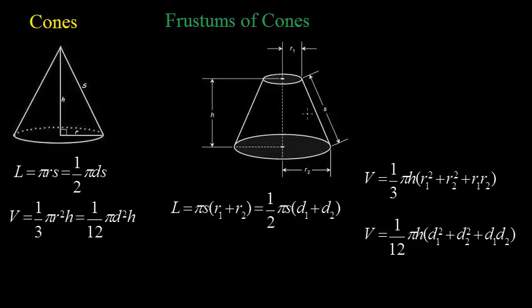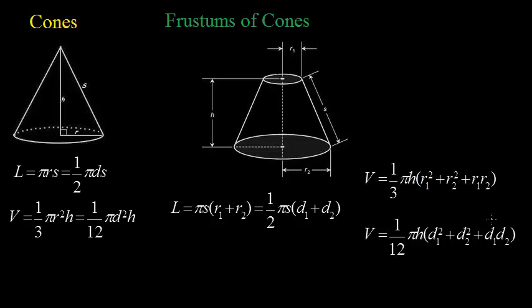sides. If we wanted the total surface area, again we could just add the area of this top circle and the area of the bottom circle. The formula for our volume is 1/3 times pi times the height, again from one base to the other, and then multiplied by the small radius squared plus the larger radius squared plus the smaller radius times the larger radius.